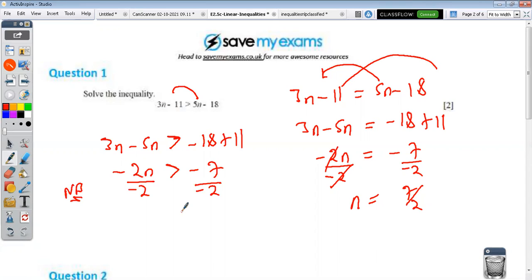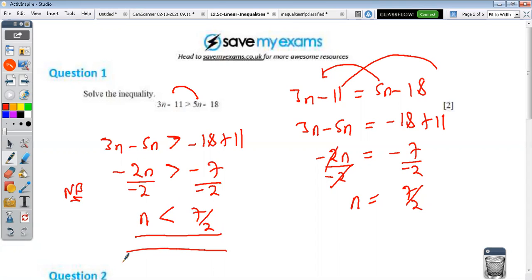That's the only difference. The inequality changes direction. So it means this changes and becomes a less than. Clear. That's the final answer there. Or 3.5 or 7 over 2. Doesn't matter. Are we together?